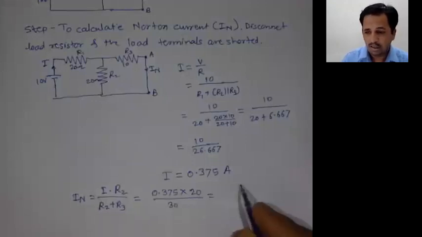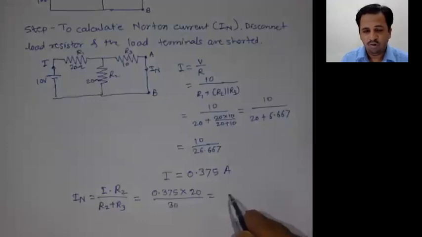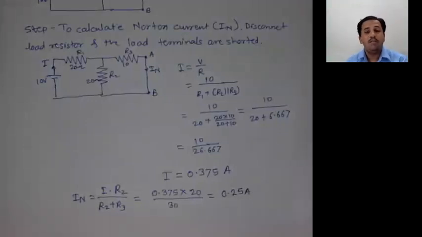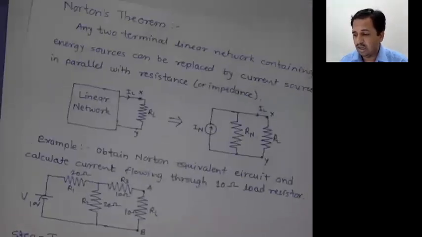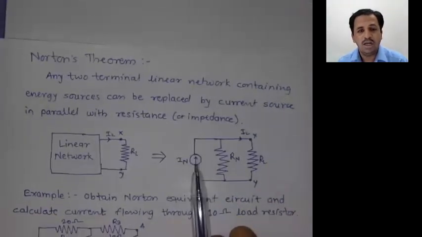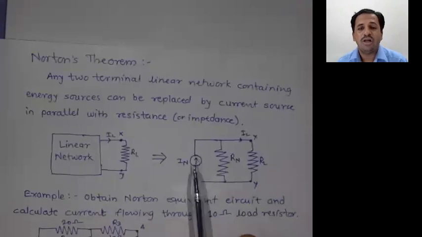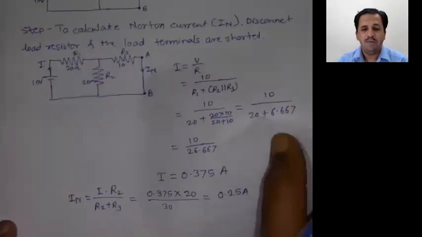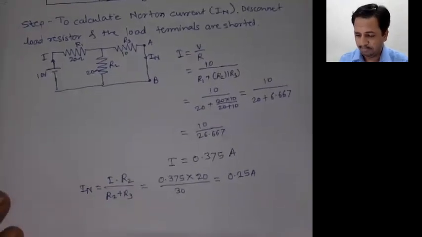If you want to calculate the equivalent Norton current, it is not the current going to the load terminals, because we have to find that out. The equivalent circuit which is present, having this value of equivalent current, is the Norton current, and its value is 0.25 ampere.